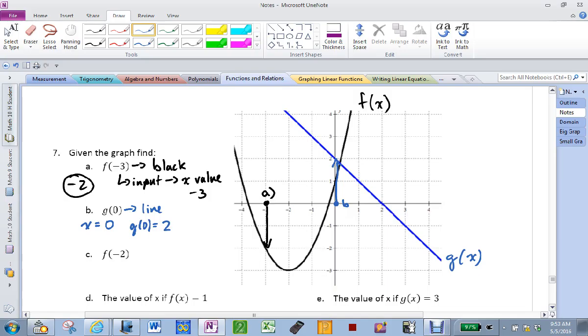Okay, you guys do C on your own, which I'm going to do in red. What's my x value? What's my f of negative 2 value?